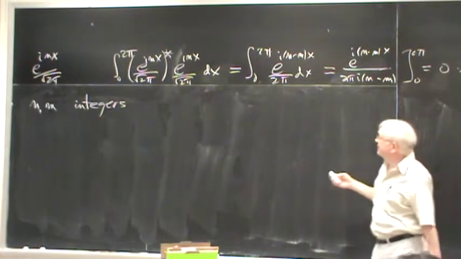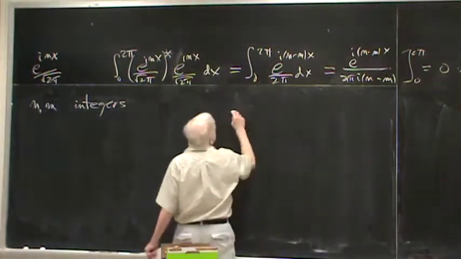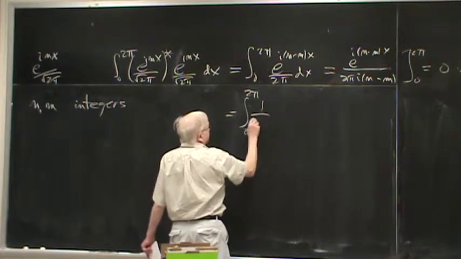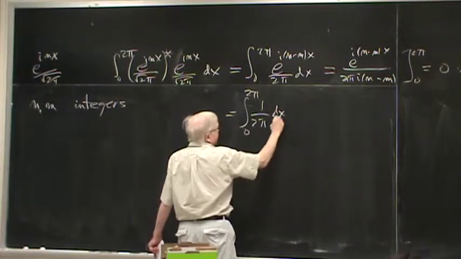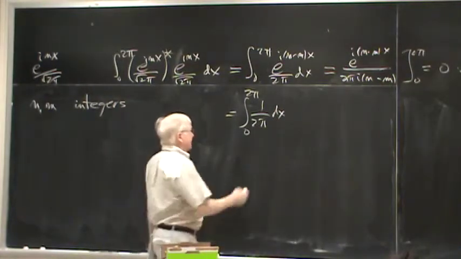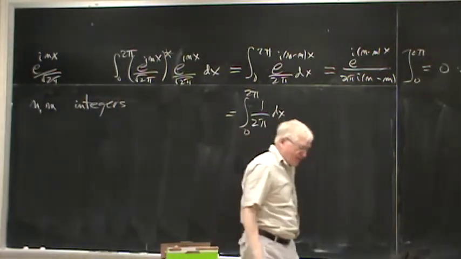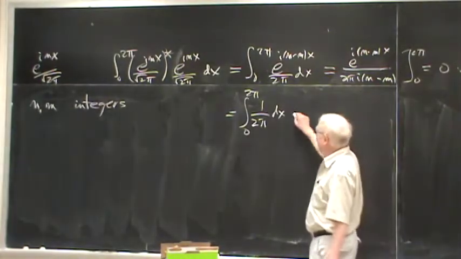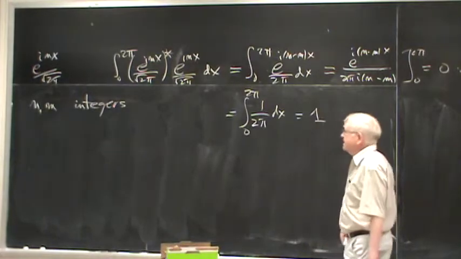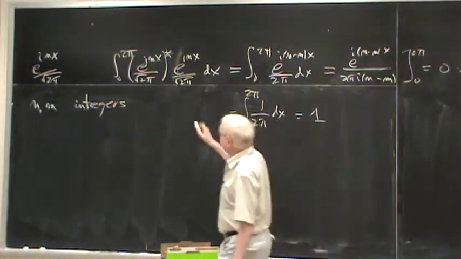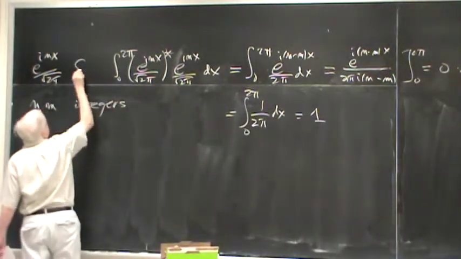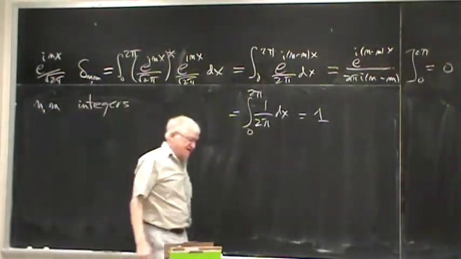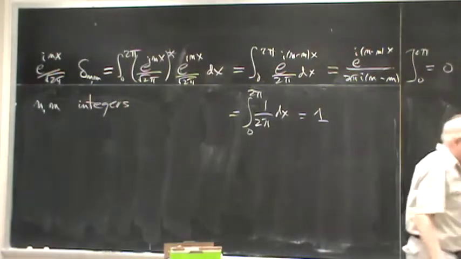On the other hand, if n is equal to m, then this is a very simple integral. It's the integral from 0 to 2 pi of 1 over 2 pi dx. And of course, this is the calculus problem that you always wanted on your final exam. And this is just 1. So the answer is that this integral here is delta nm. The Kronecker delta. 1 when n is equal to m, 0 otherwise.